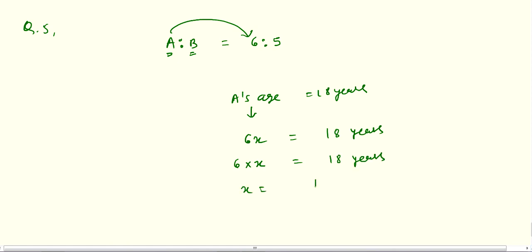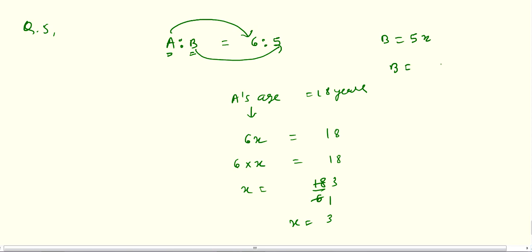Then x equals what? 18 by 6. 6 ones are 6, 6 threes are 18. So you got x equals 3. Clear? So now the value of B is 5x. So 5x can be written as 5 into x. So B equals what? 5 into 3. So B equals 15 years. So age of A is 18 years and age of B is 15 years. Like this you have to solve question number 5.